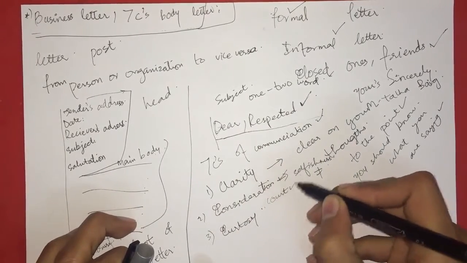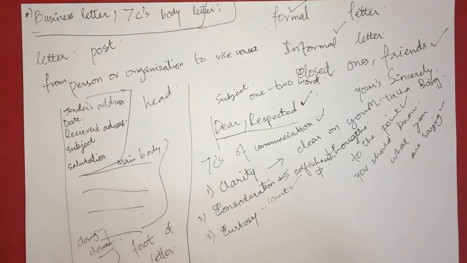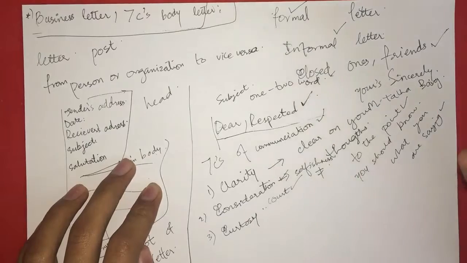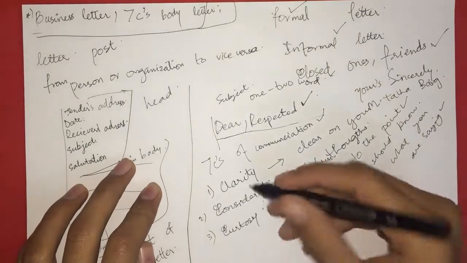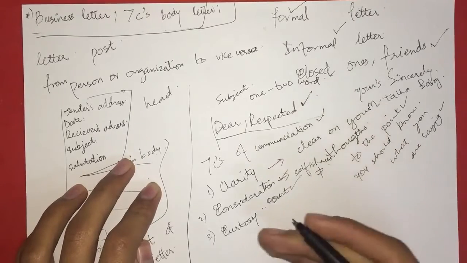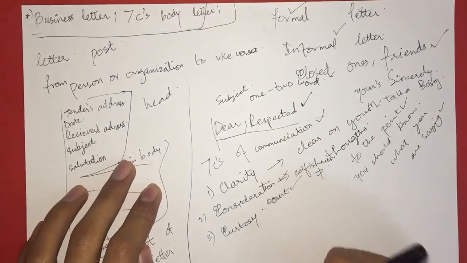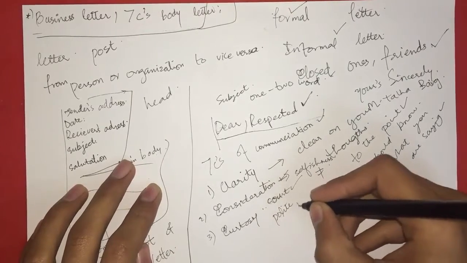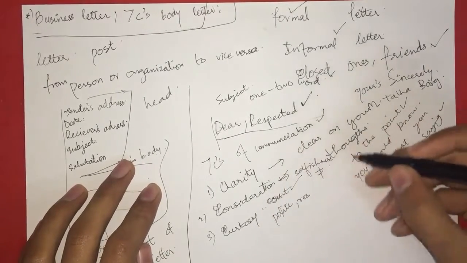In the court, you always have really polite behavior, and you don't use bad language. You really respect the judge, and you respect everyone. So that's an environment of respectable people. In the same way, you have to use courtesy in your letter. You have to be really polite.